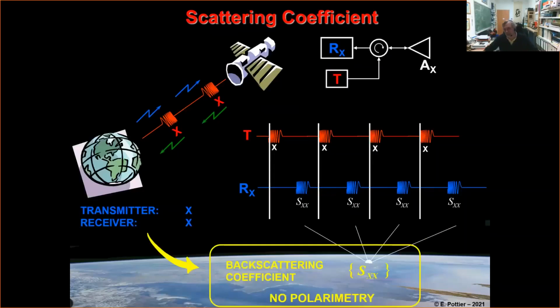The green component is the horizontal component, the blue component is the vertical component. So if I have only one antenna, I shall be able to measure only one of these two components. In such a case, it is not at all a polarimetric system because I have lost one piece of information. So this is a classical backscattering coefficient system. So you have no parameter.